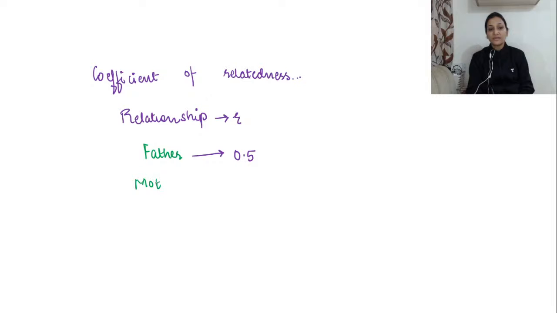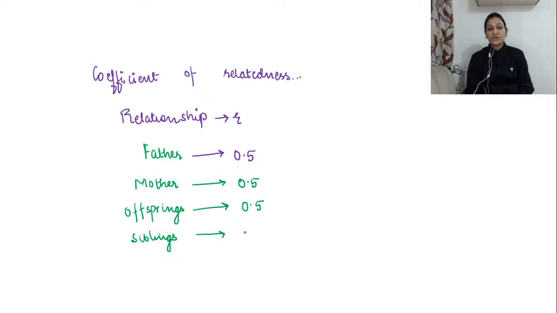After father, mother is also related to the offspring 50%, that is 0.5. Then offspring, how much are they related to their parents? They are also related 0.5 with their parents. How much are we related to siblings? The coefficient of relatedness with siblings is again 0.5.